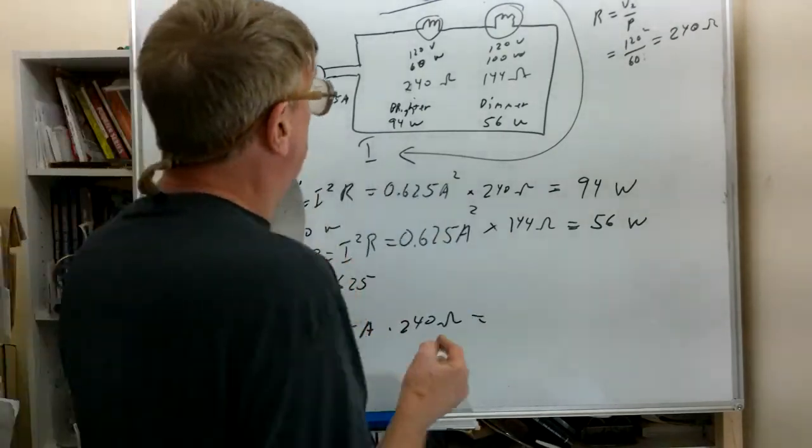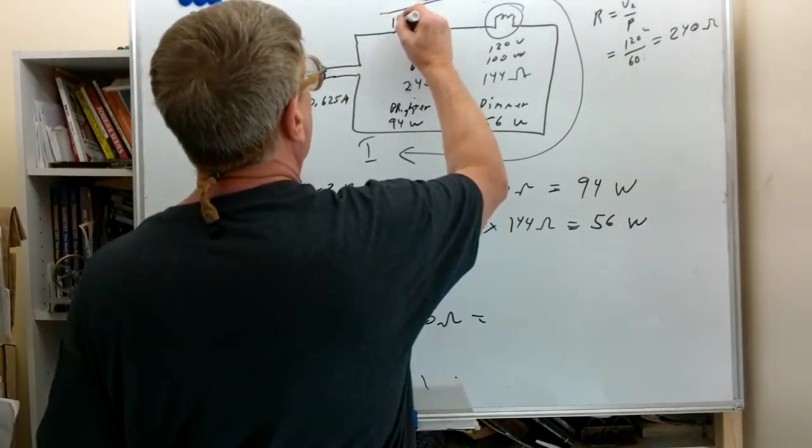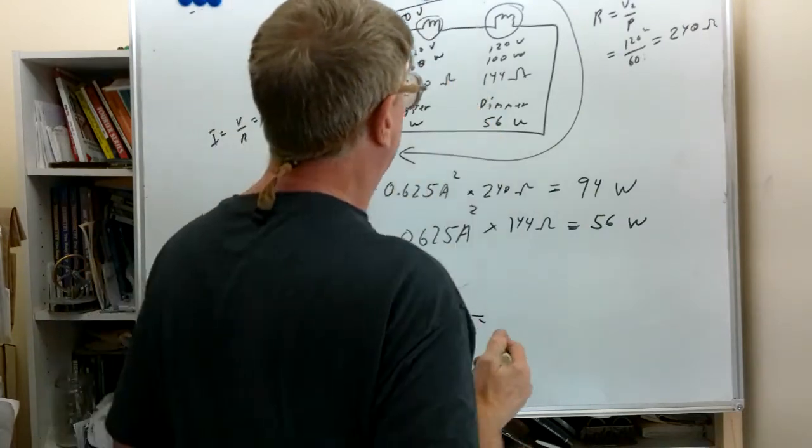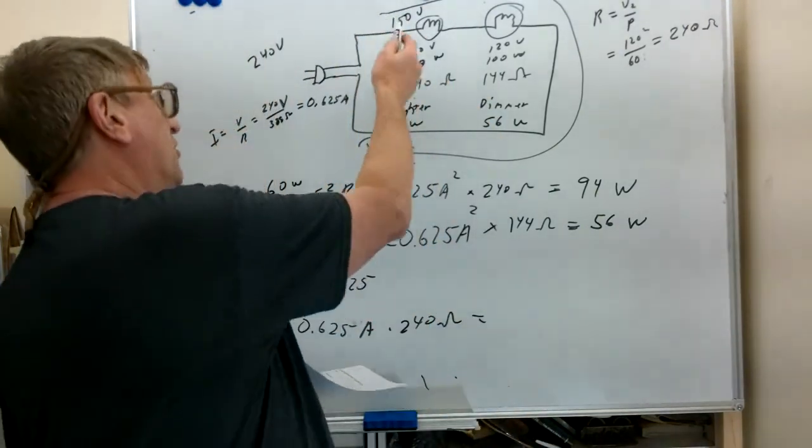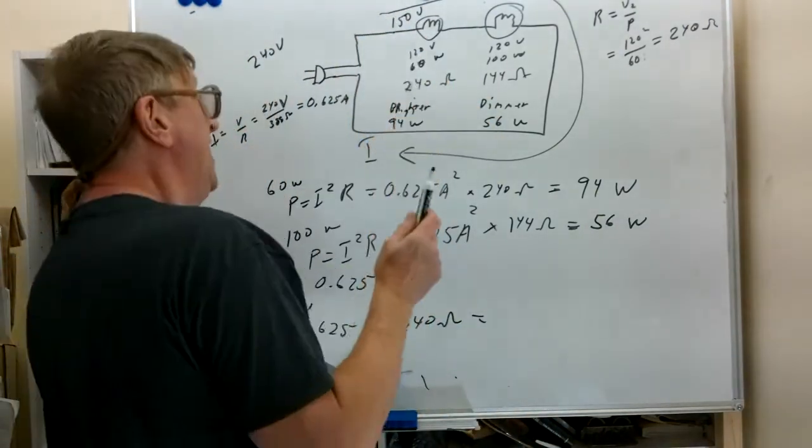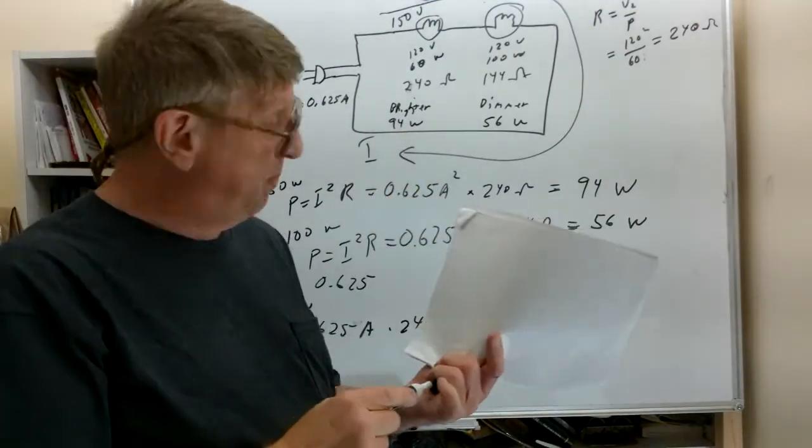So we'd actually end up with 150 volts here across this 60 watt light bulb, which you can see is over voltage. That's why it's brighter, and probably why it will burn out pretty quickly.